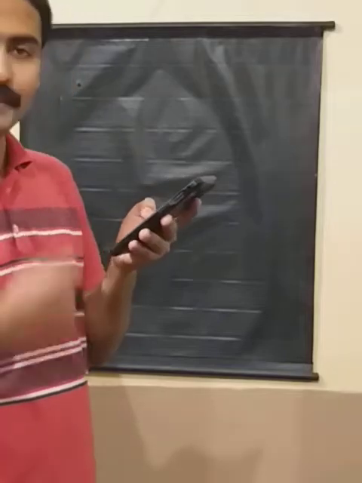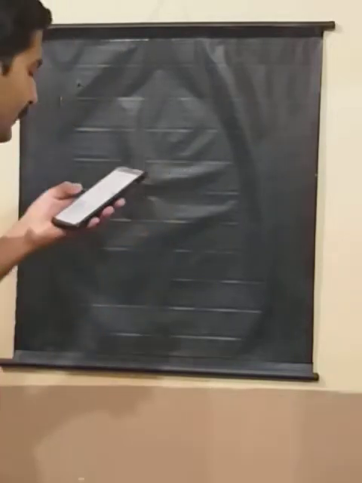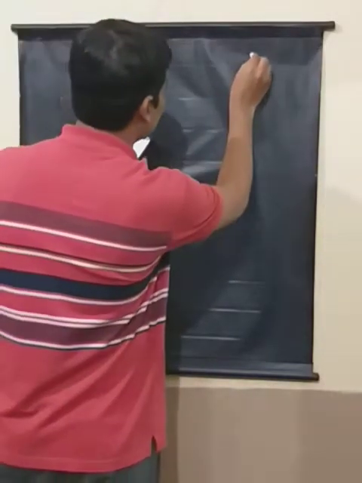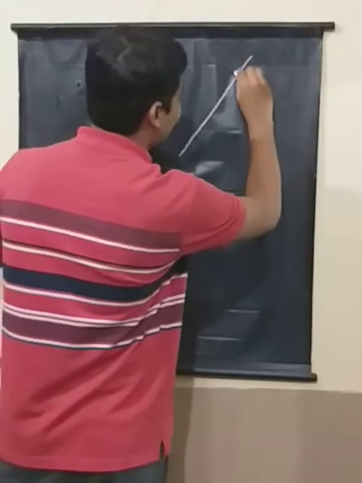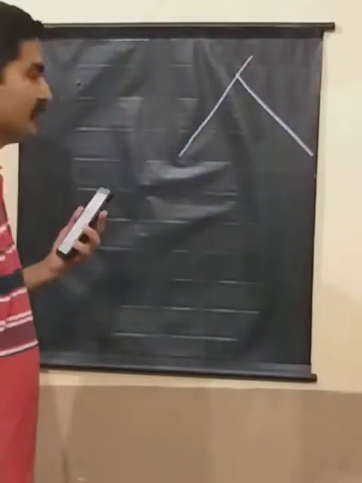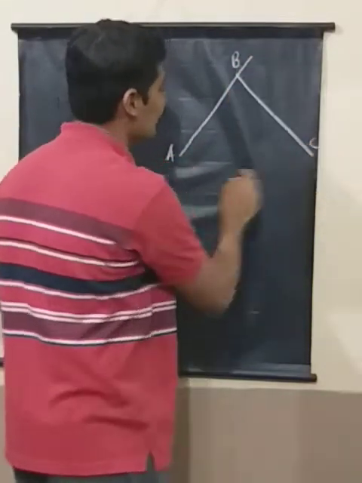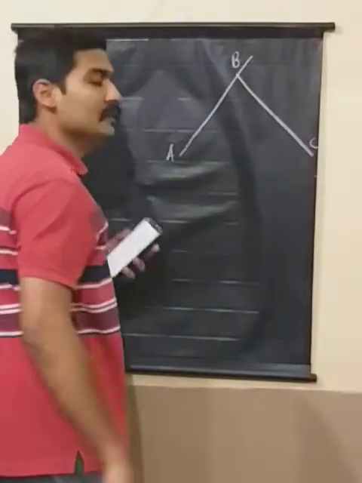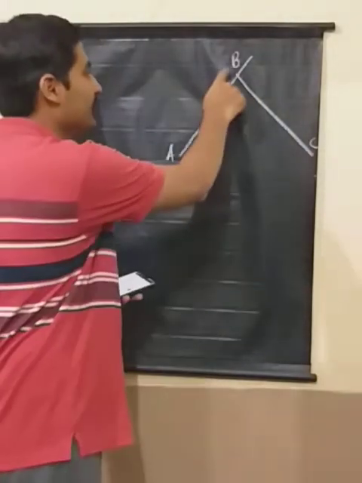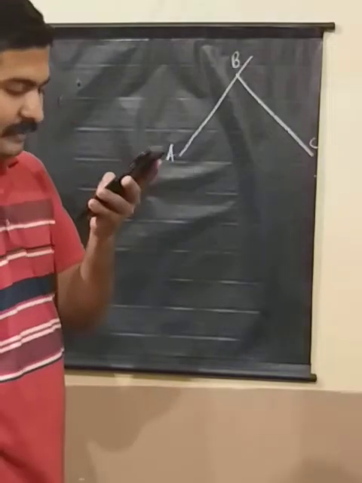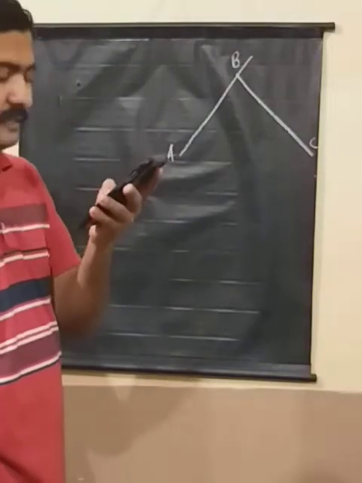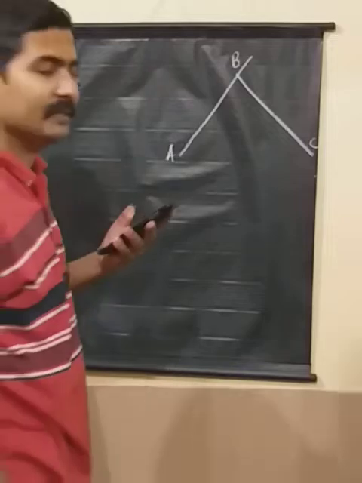What data he has given is that there are two tangents AB and BC, and they are intersecting at a point B. This is A, this is B, this is C. The chainage of point B is given as 150.50 meter.